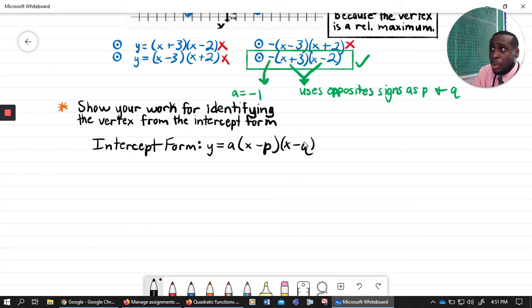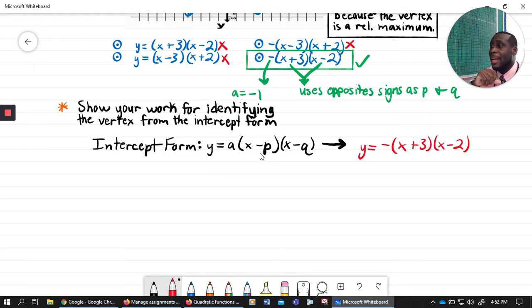In showing our work for identifying the vertex from the intercept form, first off, we already have our intercept form, and we've already selected exactly what that form was in our answer choice. So we know that particular form, and that is y equals, I'm going to write that, negative x plus 3 times x minus 2.